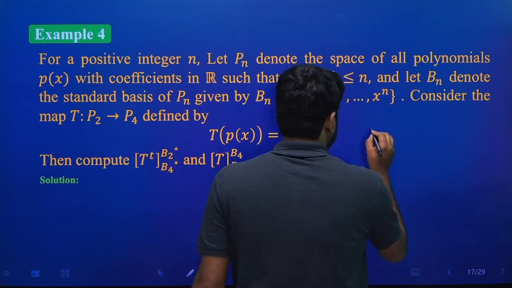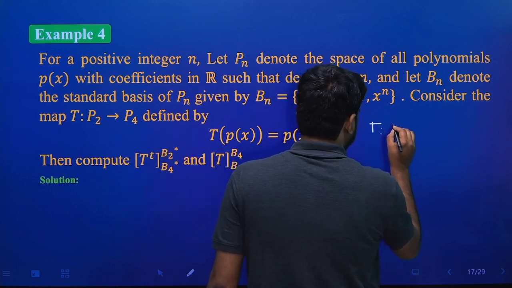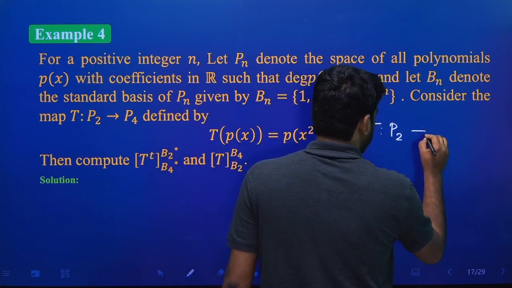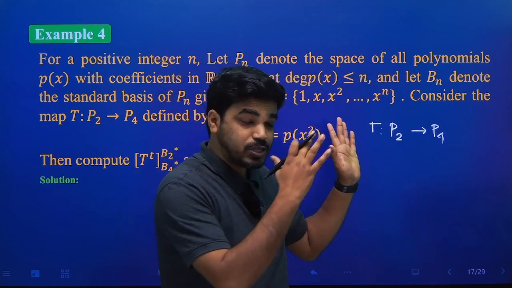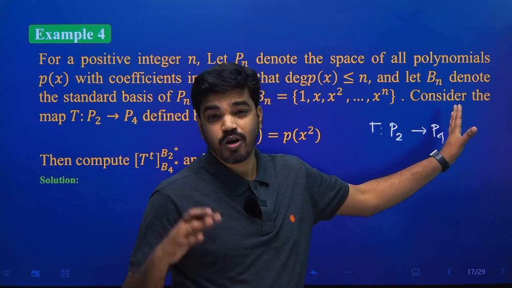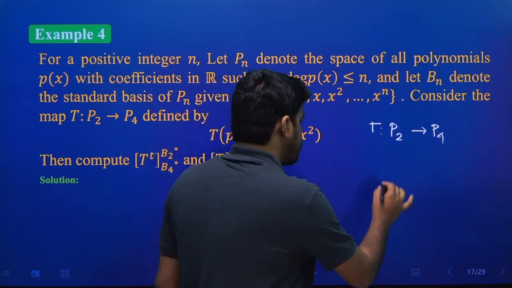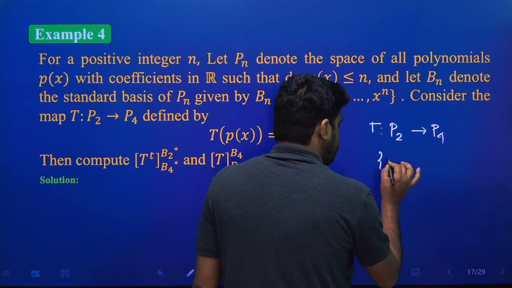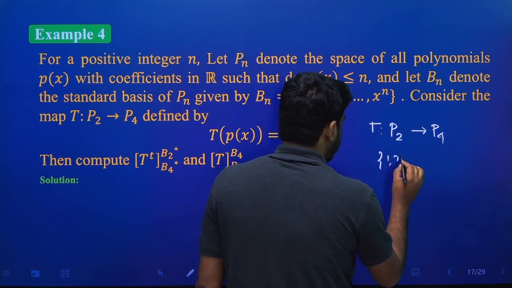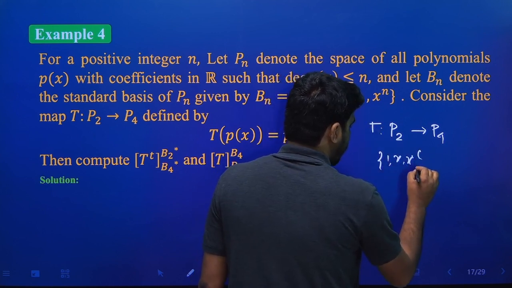Consider the map T mapping from P2 to P4. That means polynomials of degree 2 to polynomials of degree 4. What is the standard basis for P2? The standard basis for P2 is 1, x, x square, right?